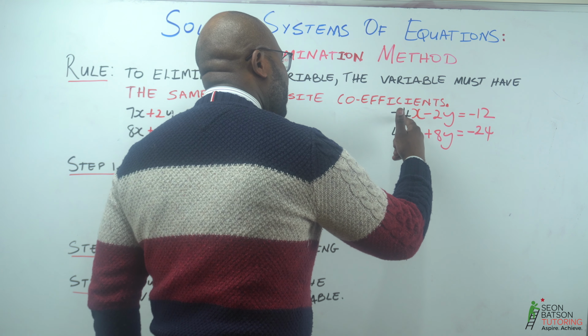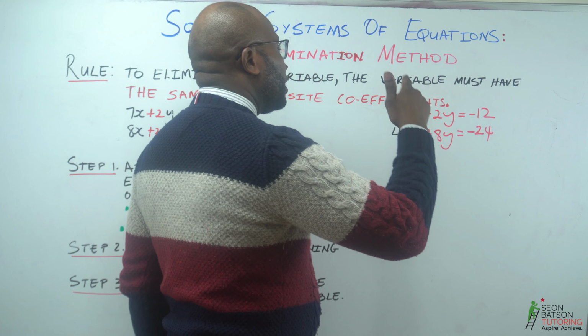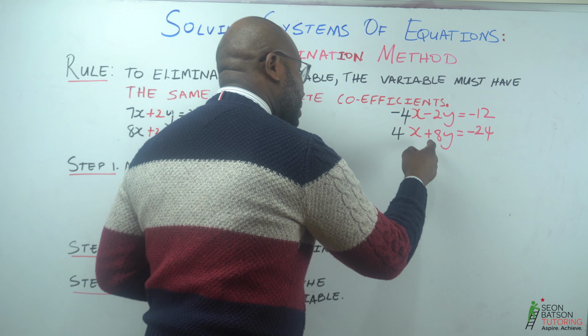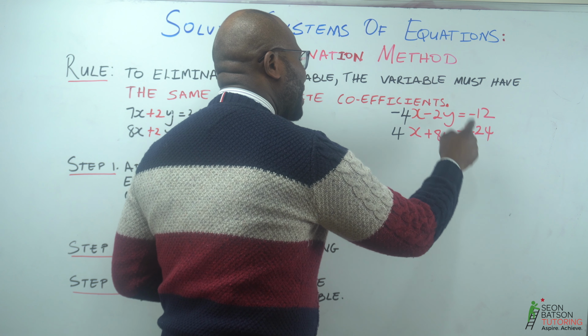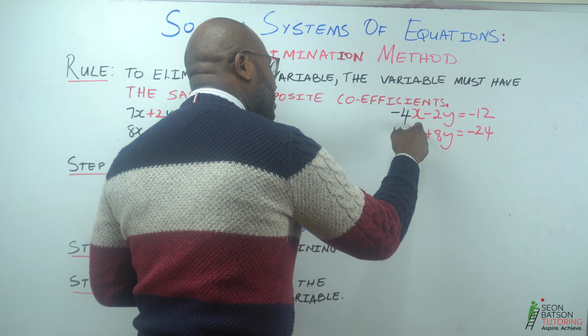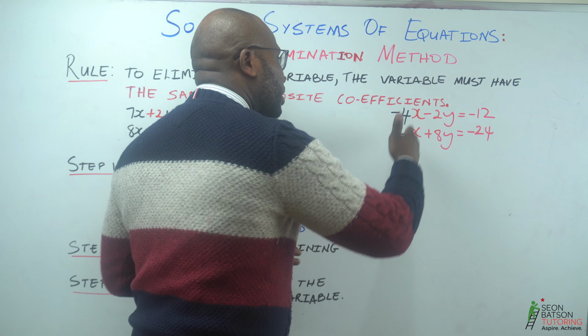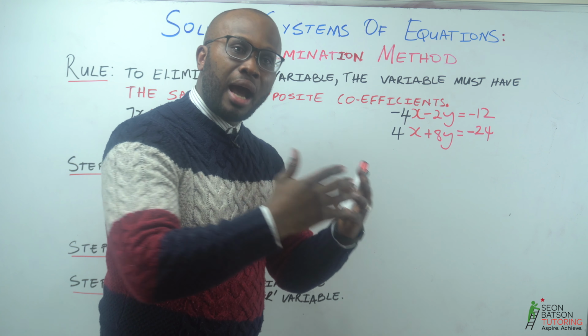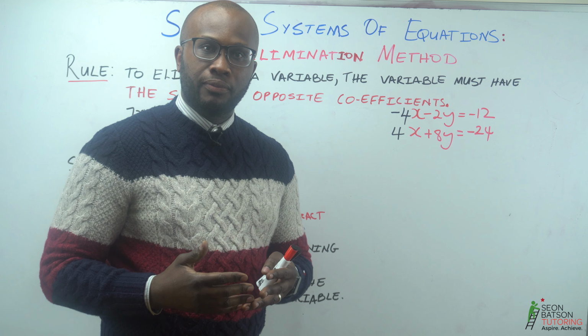We have negative 4x minus 2y is equal to negative 12, and 4x plus 8y is equal to negative 24. Now, we can eliminate the x because the coefficients are the opposite of each other.